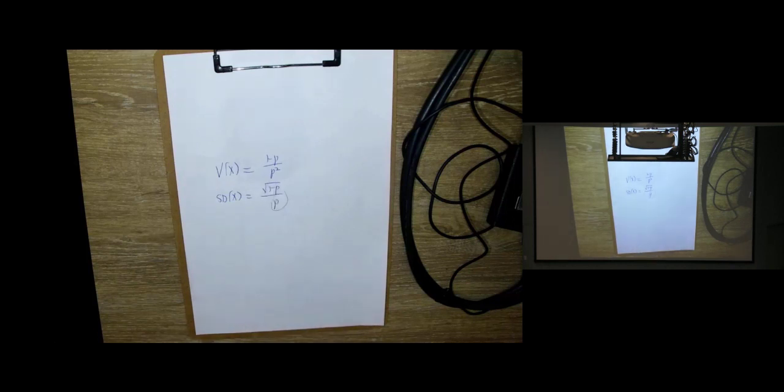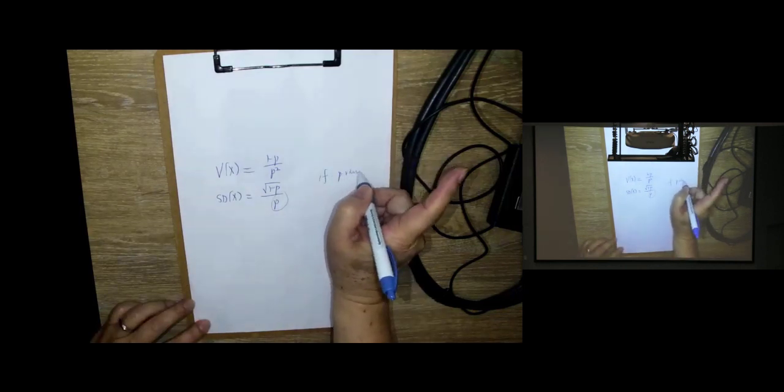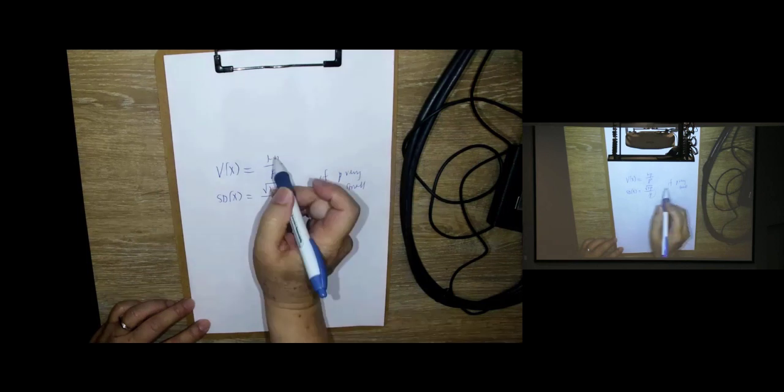If p is very, very small, this is almost like 1. So basically, the standard deviation and the mean are almost the same, all right?